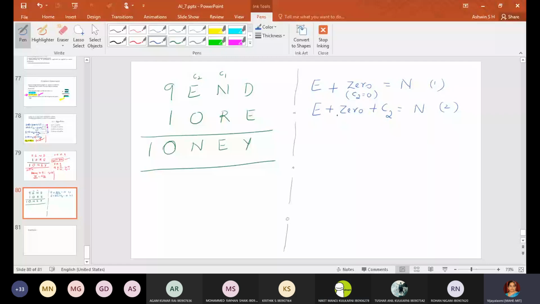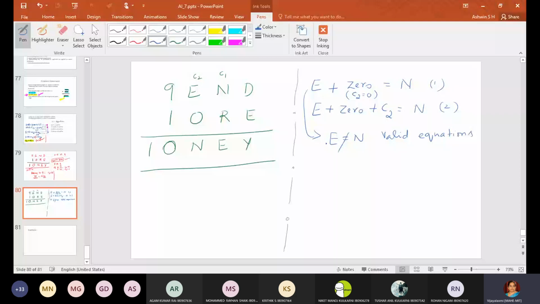But from equation 1, what I feel is E is equal to N, right? Yes, ma'am. But this is wrong. It is not a valid equation, because 2 letters cannot be given the same digit. This is the basic rule. So we have to make use of the second equation only.